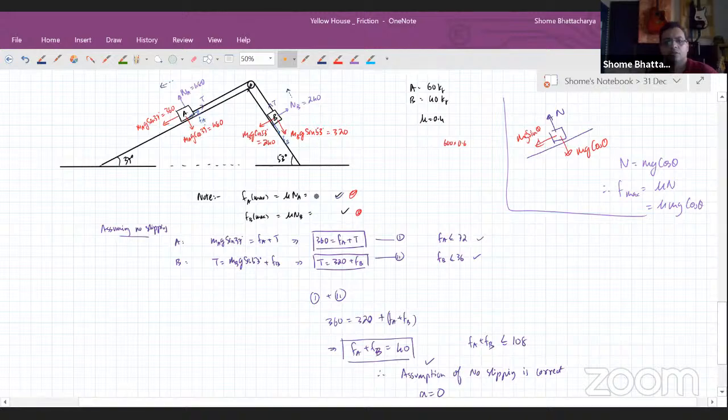Much more actually. It's going to be 192 newtons, and this will be 96.